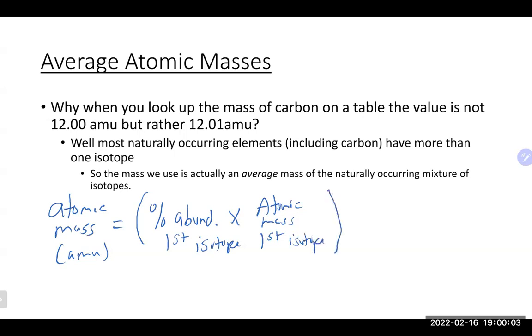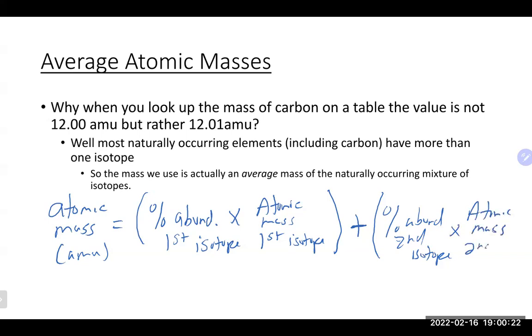Then the important part is you add it, not multiply, but you actually add it to the percent abundance of the second isotope times the atomic mass of the second isotope. And if you had 3 isotopes, you would follow that pattern. If you had 4 isotopes, you keep following that pattern for however many isotopes that you have going on there.